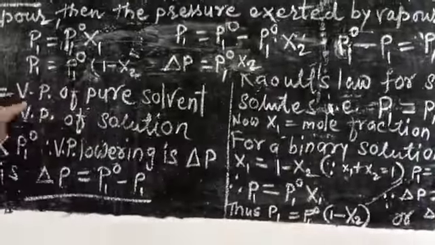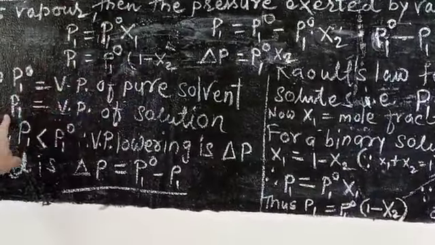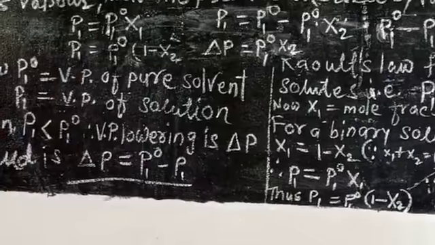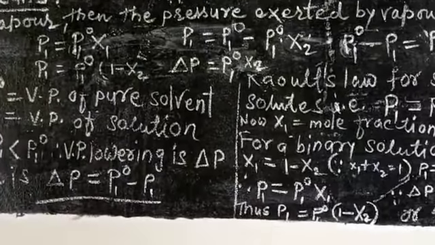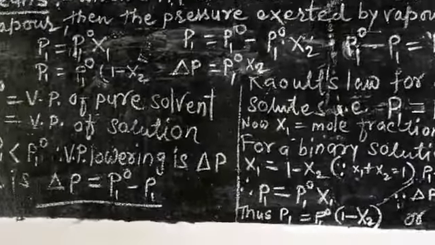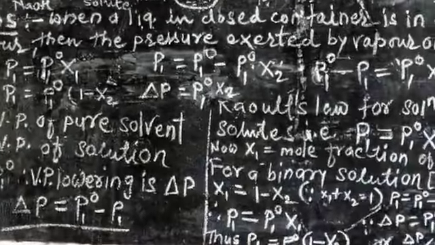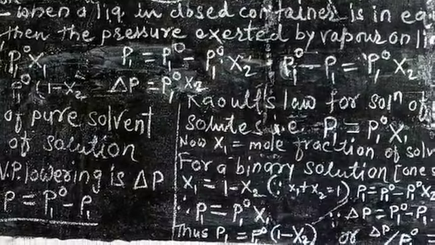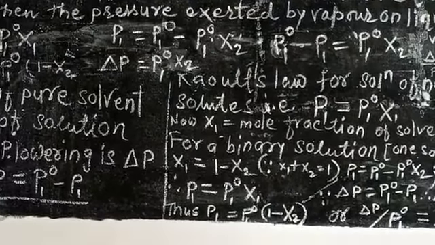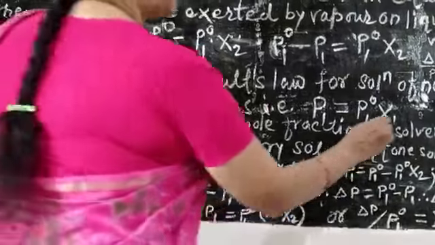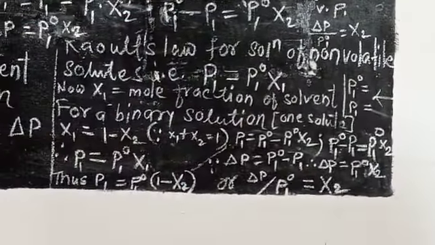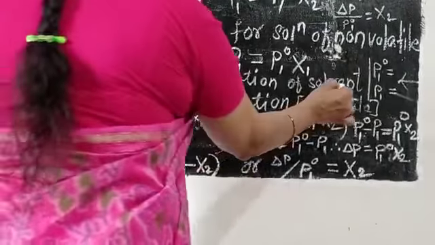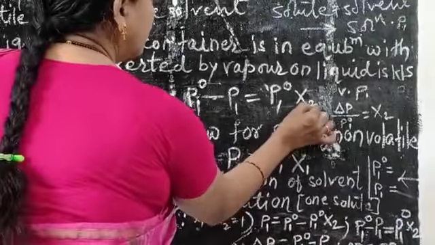So P01 is the vapor pressure of pure solvent, P1 is the vapor pressure of solution, and it depends upon X2. X2 means mole fraction for the solvent and mole fraction for the solute. X1 is the mole fraction of solvent, X2 is the mole fraction of solute.